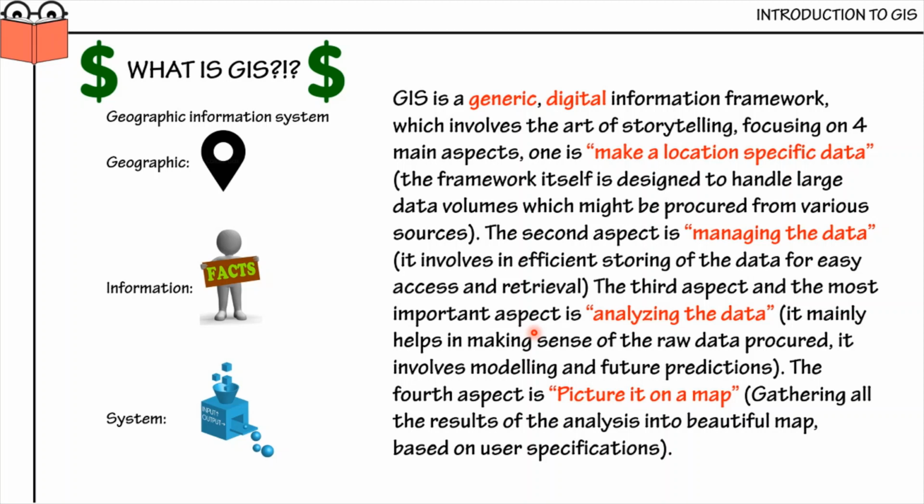With the existing data sets, with sufficient temporal data sets, you would be in a state of perhaps predicting what would happen in the near future. That is called modeling and future predictions. Now once your analysis is done and it is successful, putting it on a map becomes very important.